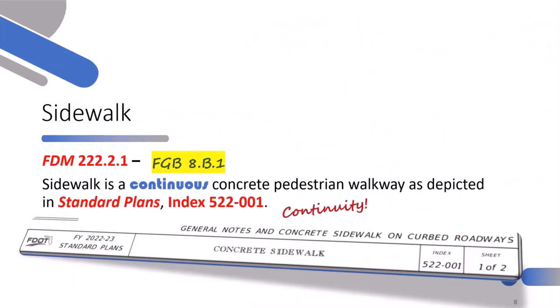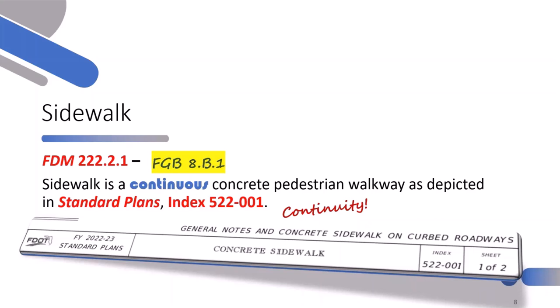Now, the FDM defines a sidewalk as a continuous concrete pedestrian walkway as depicted in Standard Plans Index 522-001. I want to focus just for a moment on the word continuous or continuity. This is expanding your thinking beyond just the linear connectivity of the sidewalk network, but I want you to also think about the consistent application of cross-sectional elements along that pedestrian facilities corridor.